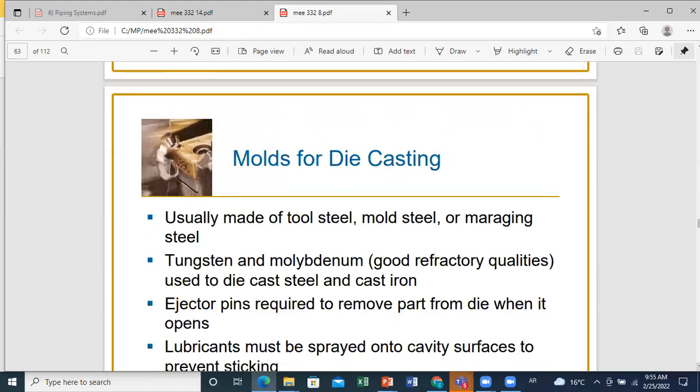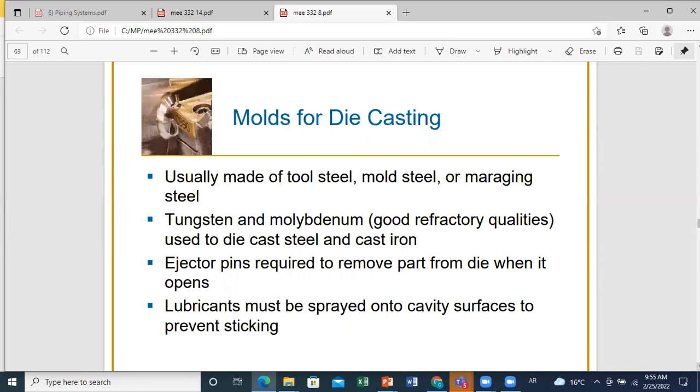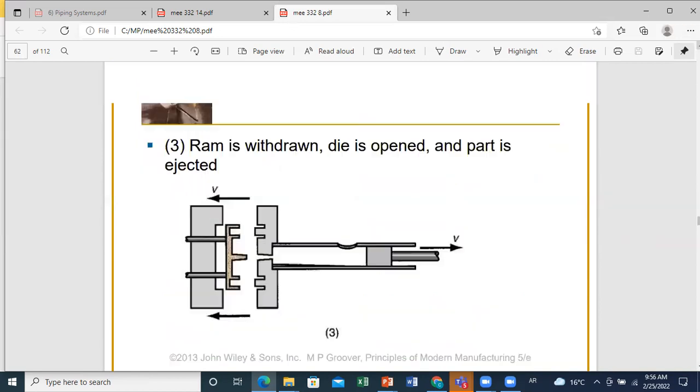Now, molds used for die casting are usually made of tool steel, mold steel, or maraging steel. Tungsten and molybdenum, which are characterized by good refractory qualities, are also used to die cast steel and cast iron. Ejector pins will be required to move the part from the die when it opens. As you can see here, these are the ejector pins.